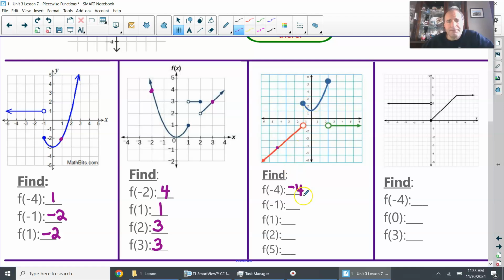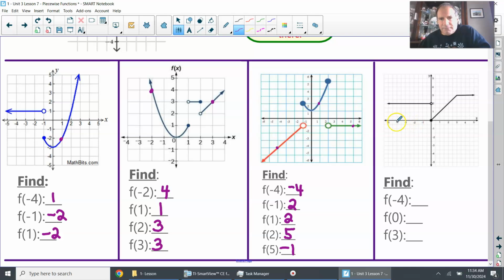Yes, that's 2. When x is 1, what's the y? 1, 2. When x is 2, what's the y? 5. 1, 2, 3, 4, 5. And when x is 5, what's the y? Negative 1. That's it. That's all you have to do.